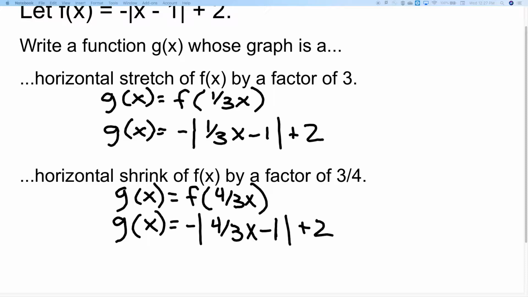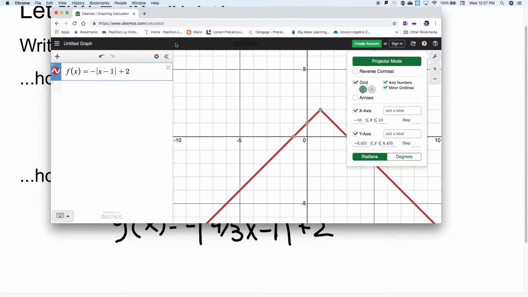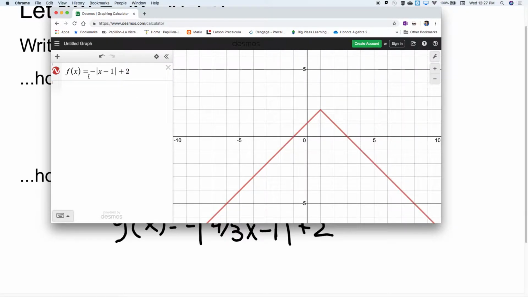So I'm going to pull this over to the side. Okay, this is your f of x. This is negative absolute value of x minus 1 plus 2. So think about transformations compared to its parent function, the absolute value. It's been reflected, it's gone right 1, and it's gone up 2, which looks like a v that's been reflected, goes right 1 and up 2. We did what first? A horizontal stretch by 3?